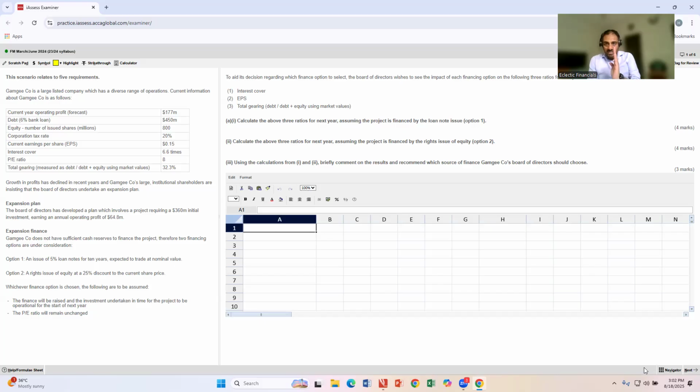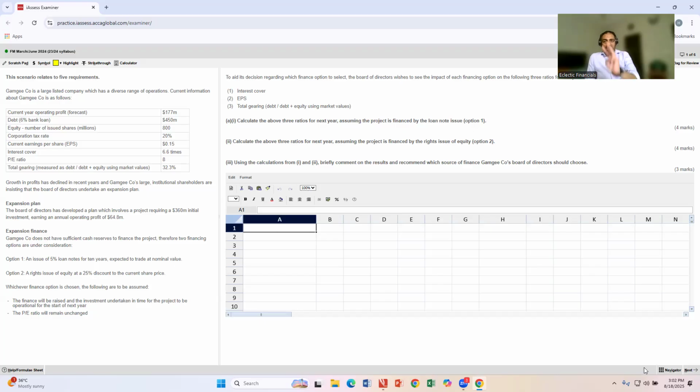Number one, my advice: invest 20% of your time in planning. Before completing your plan, you don't need to start the section C question. This applies to all papers as well.